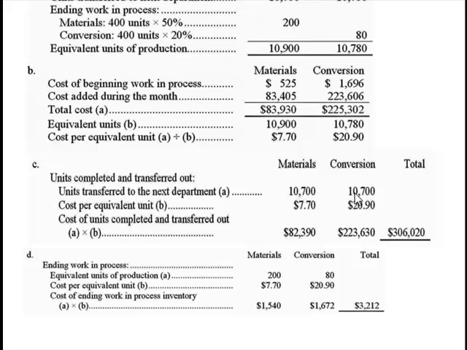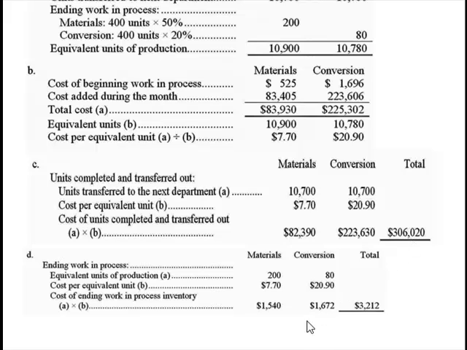And I've done this in separate columns, but I could have just multiplied the 10,700 by the total of 770 plus $20.90. And I would have gotten the same answer, but instead here what I've done is multiplied them individually and then added these two costs together to get to the grand total. So this 306,020 represents the cost of the 10,700 units that we completed and transferred out to the next department.